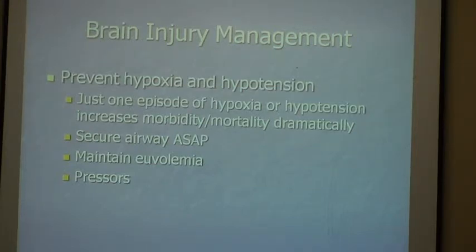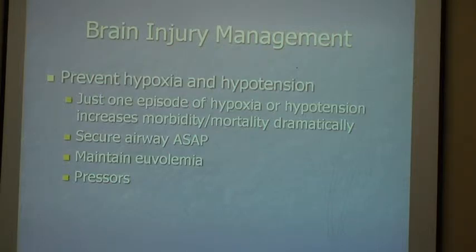We'll talk about that again here in a little bit. We want to maintain normal volume. We don't want to overhydrate or underhydrate, but we want to make sure they're normal. Dr. Gans has a patient with a ventriculostomy right now downstairs, and one of his specific orders was to maintain CVP 6 to 10. Normal.